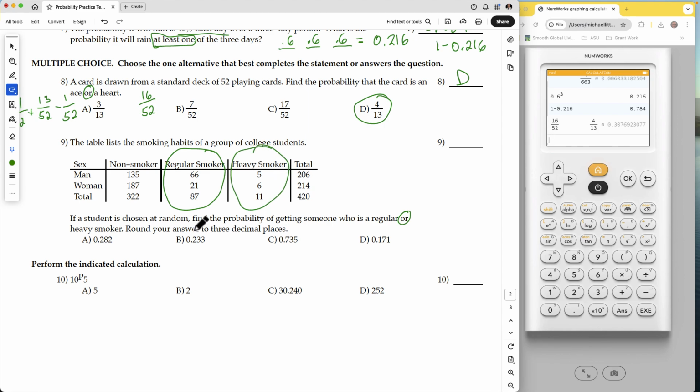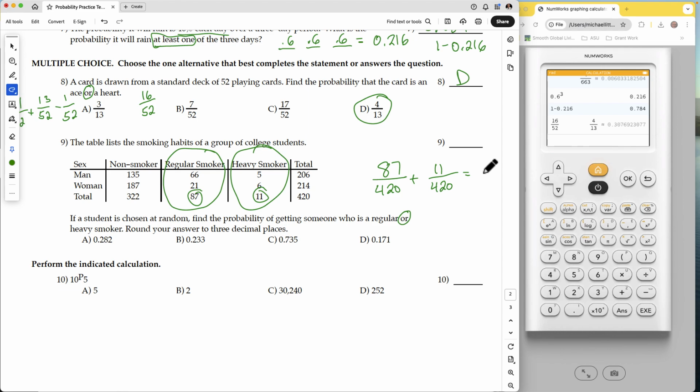And so we can just add. So the total of regular smokers, regardless of male or female, is 87 out of 420. And heavy smokers are 11 out of 420. There's nothing to subtract off because there's no overlap.